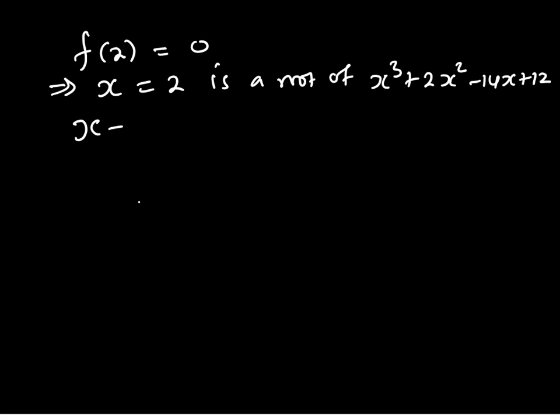And x minus 2 is a factor of that polynomial. So how do we now go ahead and factorize polynomials using this concept of factor theorem? Let's see an example.